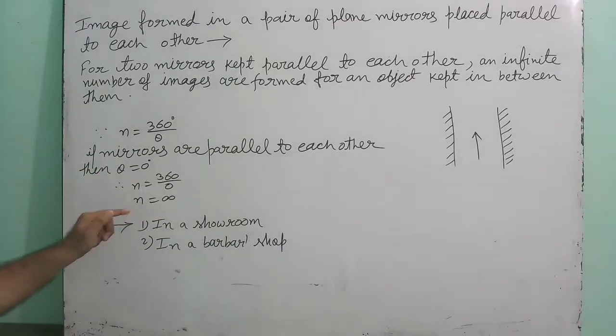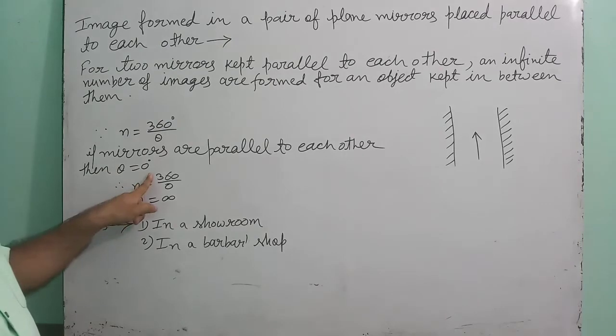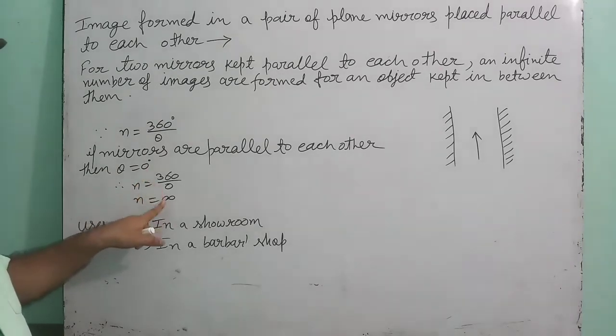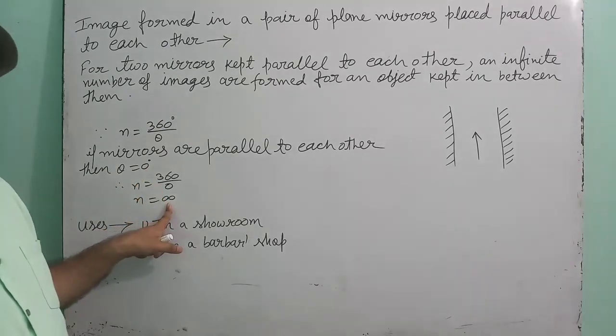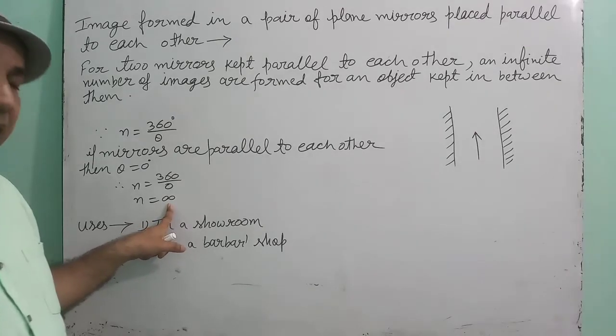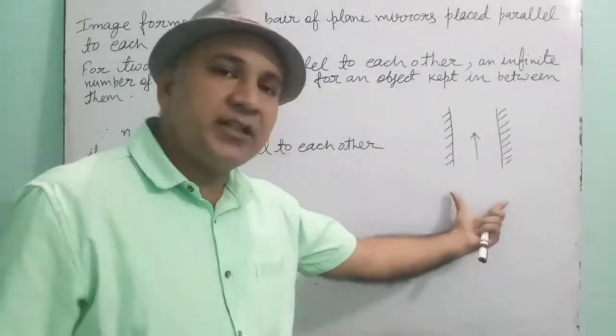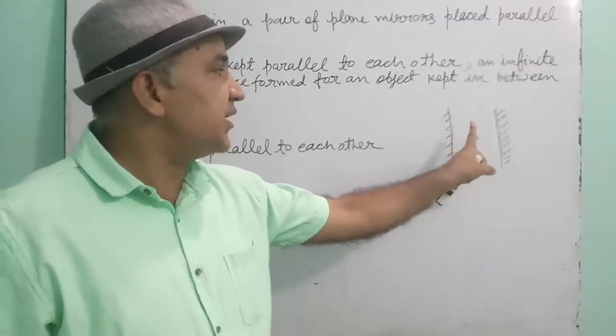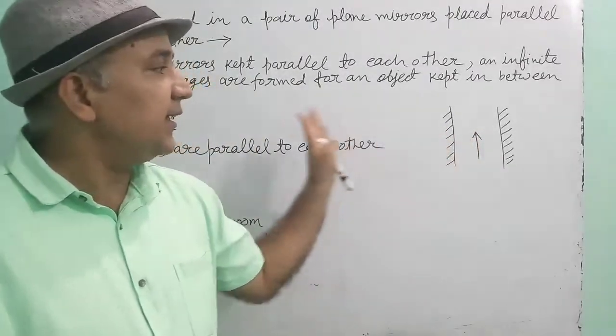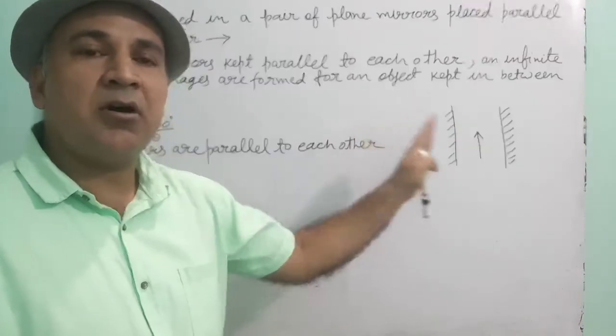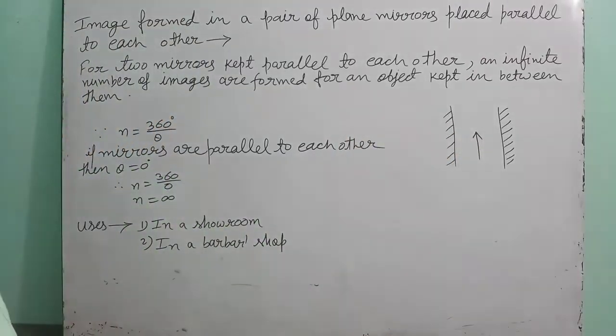If theta is 0 degree, then n is equal to 360 upon 0, that means infinite. Is this clear? That means if two plane mirrors are parallel to each other and one object is kept between them, then infinite number of images will be formed.